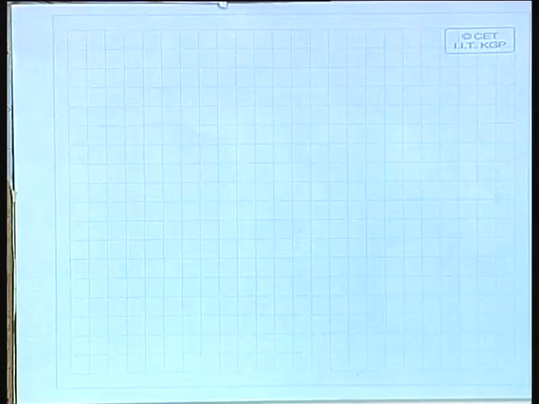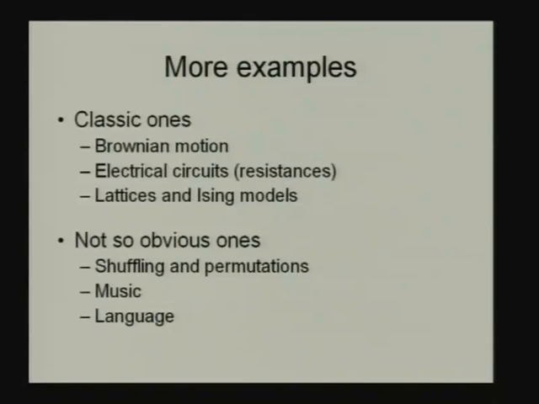Another very beautiful example is that of music. If you know a little bit of music, you know that a composition is a sequence of notes. Now, this sequence is not a random sequence.